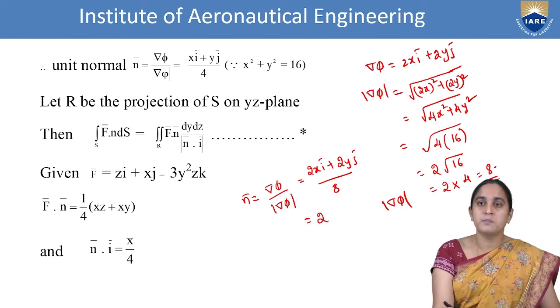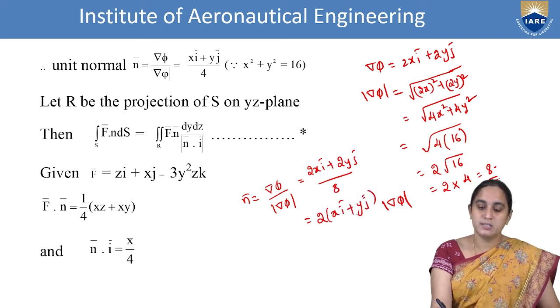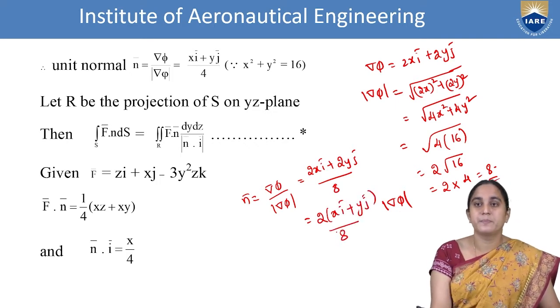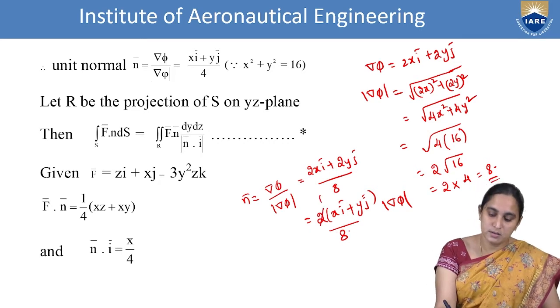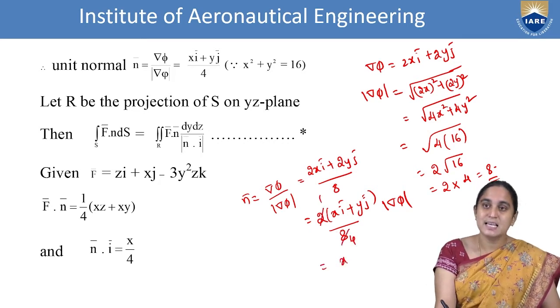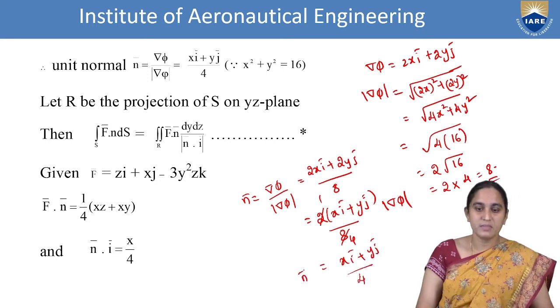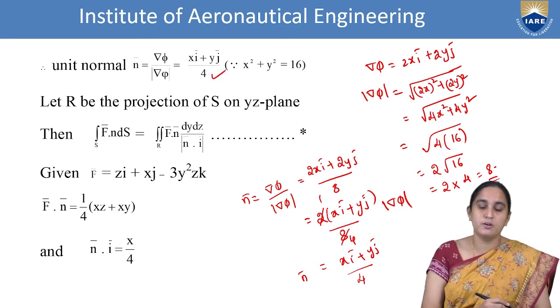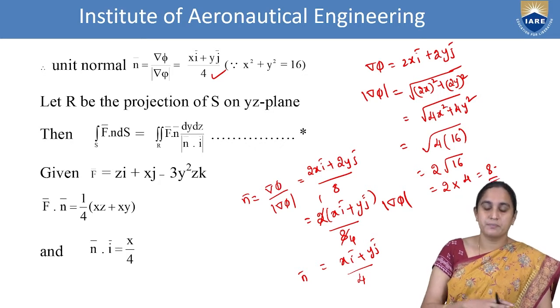I'll take 2 common in the numerator, the remaining part is x i bar plus y j bar by 8. Therefore 2 ones are 2 fours are. That is x i bar plus y j bar by 4 as n bar. Therefore, the unit normal vector n bar is equal to x i bar plus y j bar by 4.